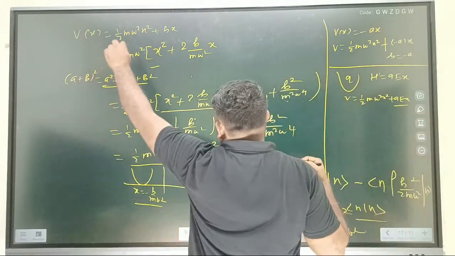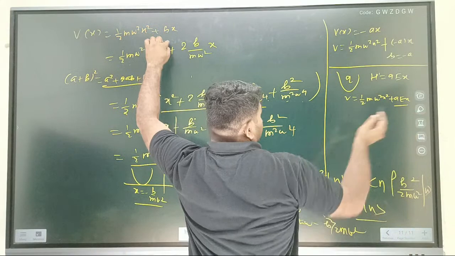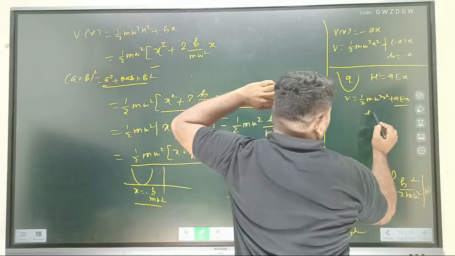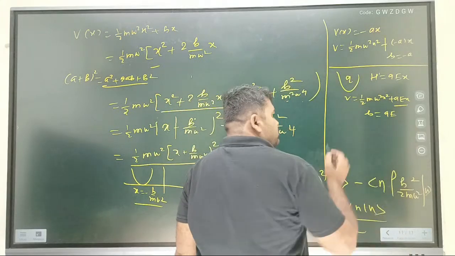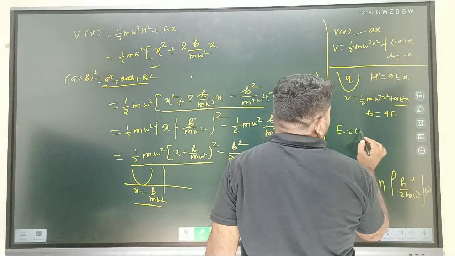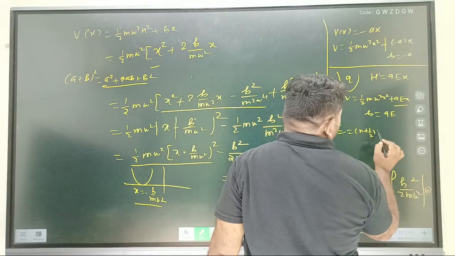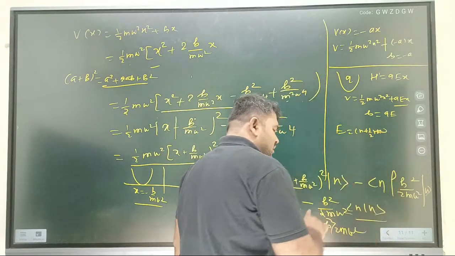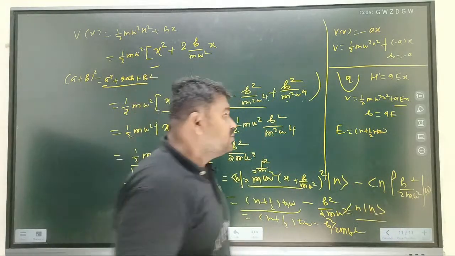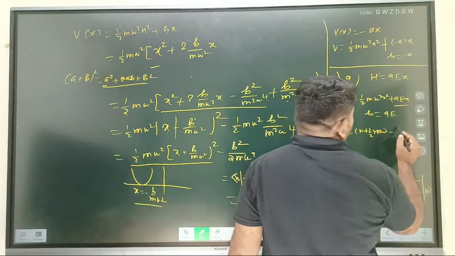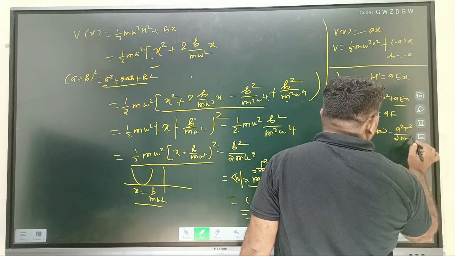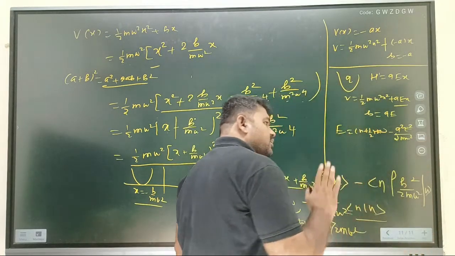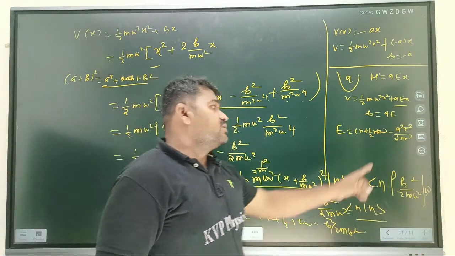Compare it with the original. What is this one? This is b x. Comparing with this one, what is the b value? b is equal to qE. So what is the energy? E is equal to (n plus 1/2) h cross omega minus b square upon 2m omega square. Just change the b value, that is all. The b value here is qE, meaning q square E square upon 2m omega square. Nothing else you have to change, just focus on the b value.